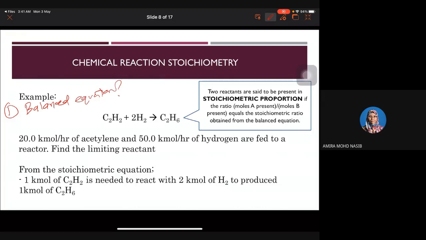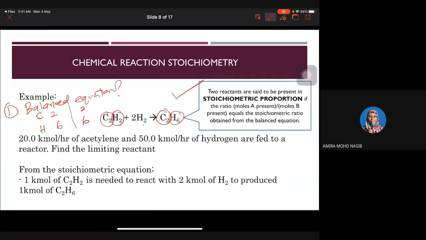So we have C and H. For C, the left hand side has 2, and the right hand side also has 2. So C is balanced. How about hydrogen? You have H2 plus 4, which is 6, and the right hand side also has 6. So this equation is valid and balanced. So you can proceed to the next question.